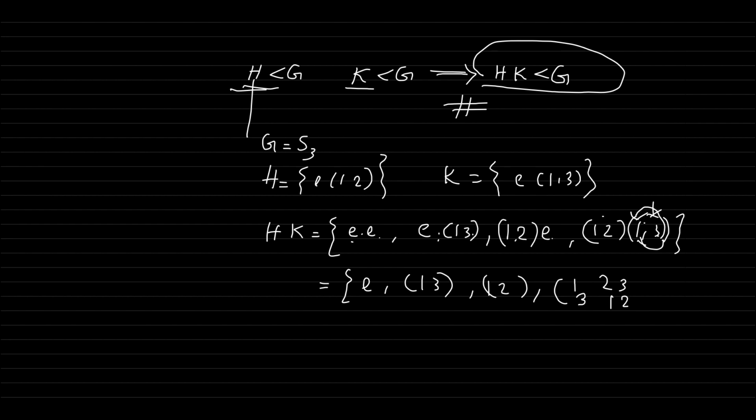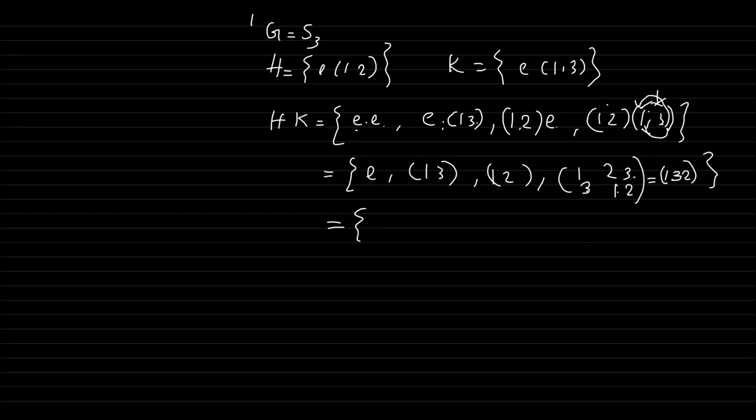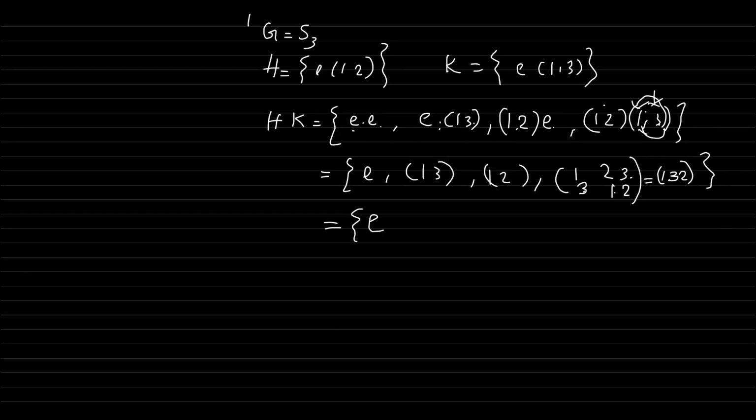So this is equal to (1 3 2). So HK consists of the elements identity, (1 3), (1 2), (1 3 2).